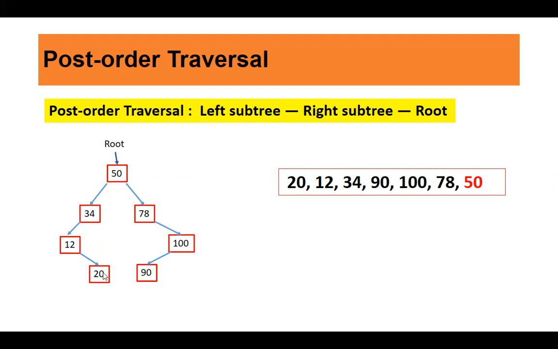So print 20, then print 12, then 34, go to 50 and go to its right child and then to its left child. So 90, then 100, then 78, and then 50. Fine. So in post-order traversal, the root is always at the end. In in-order traversal, the root is in the center. In pre-order traversal, the root is the first node which is visited.